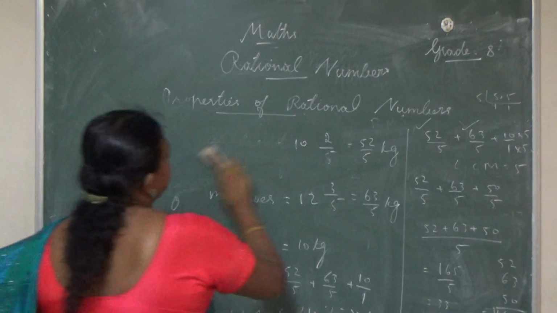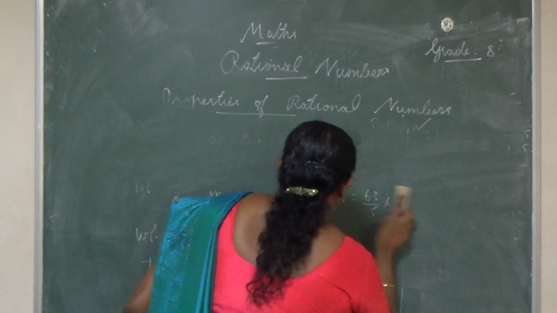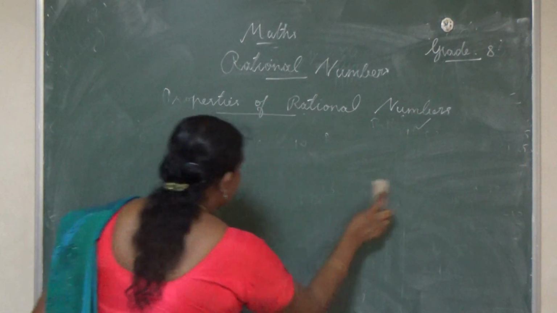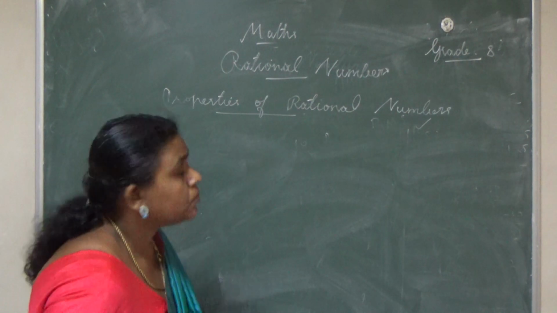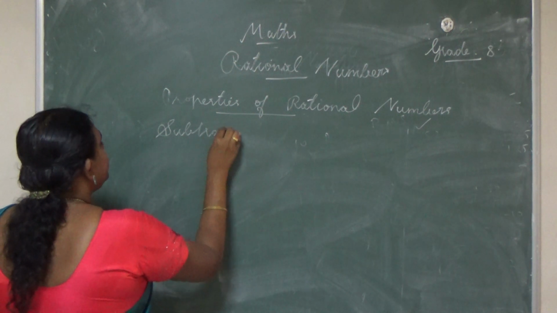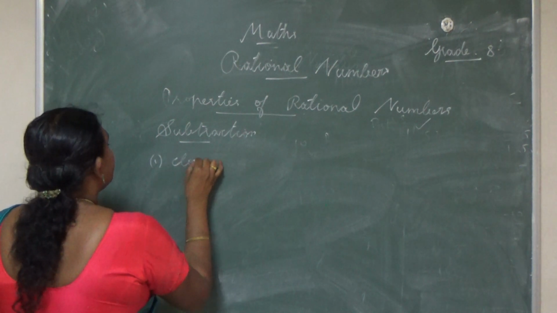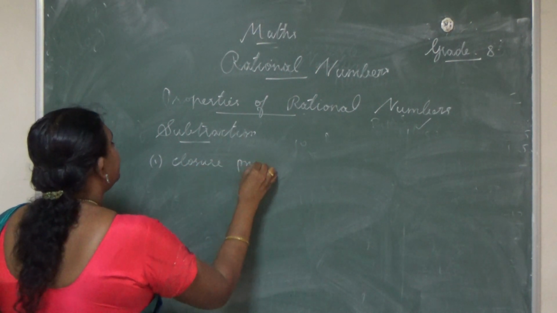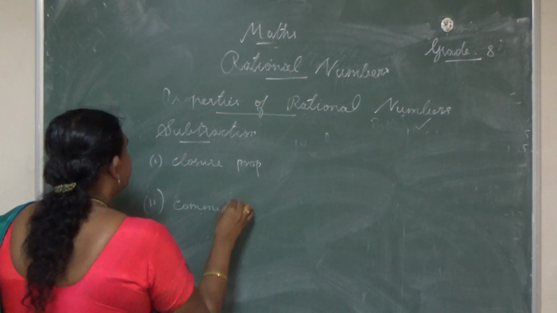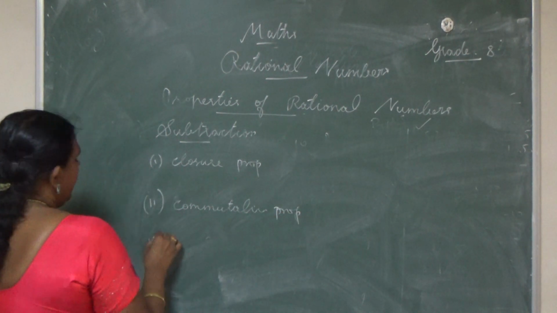Properties of rational numbers under subtraction: we have only 3. Don't confuse, we have only 3: closure property, commutative property, associative property.